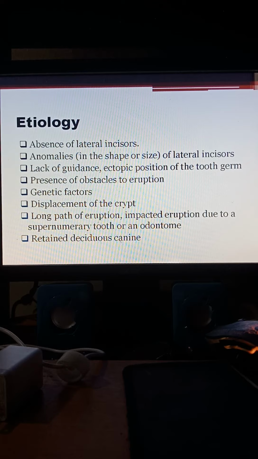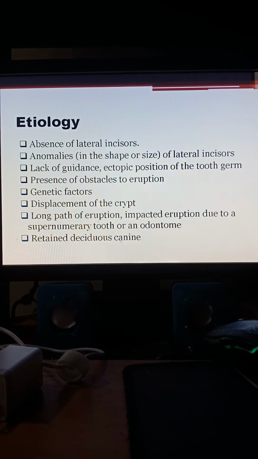Etiology: absence of lateral incisors, anomalies in the shape or size of lateral incisors, lack of guidance, ectopic position of the tooth germ, presence of obstacles to eruption, genetic factors, displacement of crypt, long path of eruption, impeded eruption due to a supernumerary tooth or an odontoma, and retained deciduous canine.